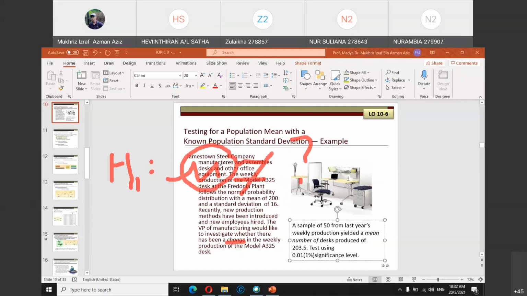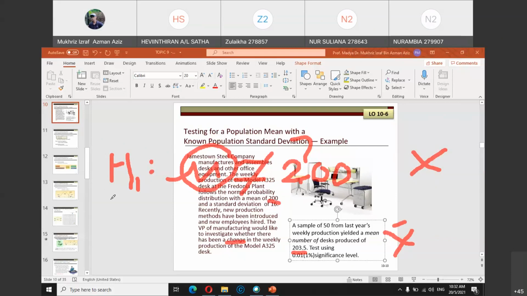So mu will be not equal to 200, because this is what the population mean says, not 203.5, because 203.5 is your X bar. If you put mu not equal to 203.5, it is completely wrong, because your H1 is supposed to represent the value of your population mean. The population mean is given to you as 200.